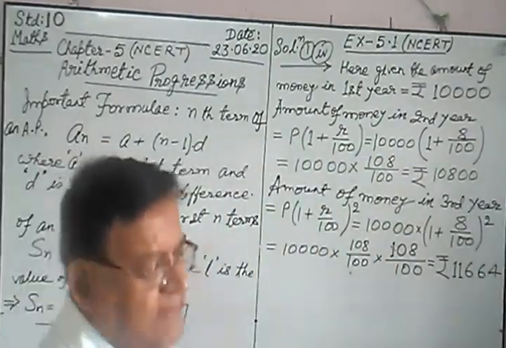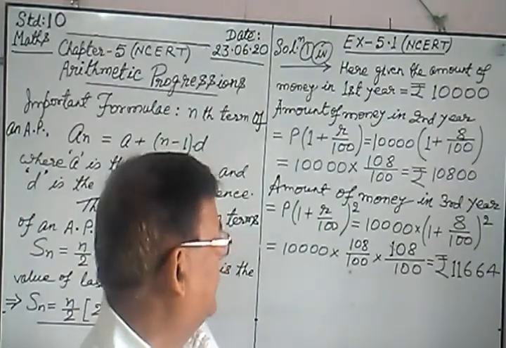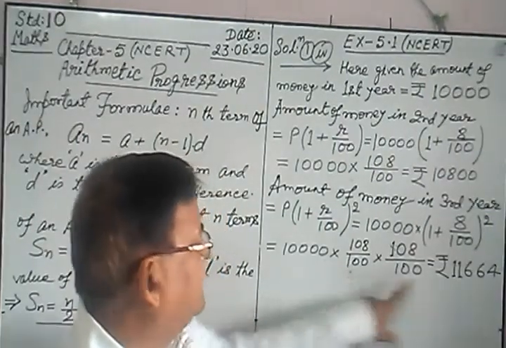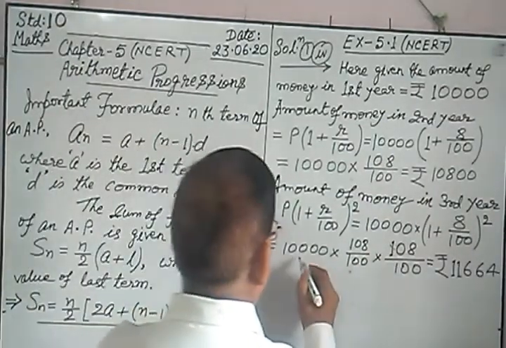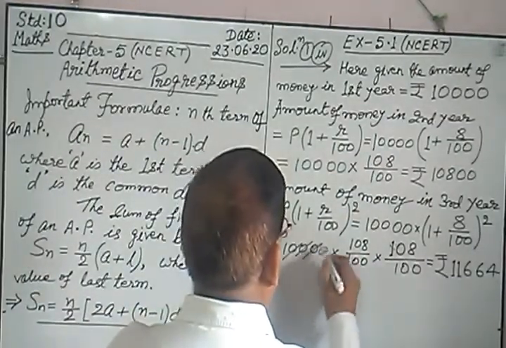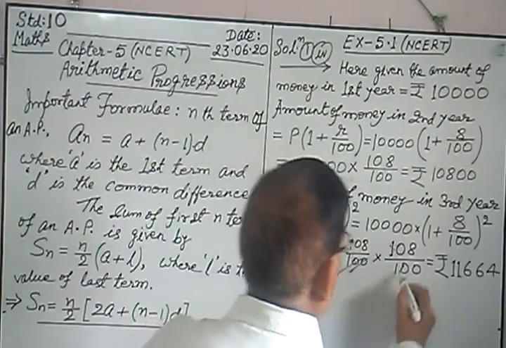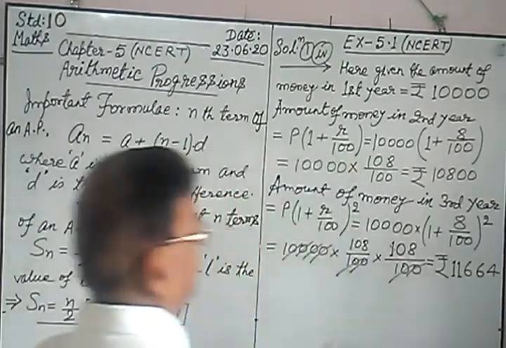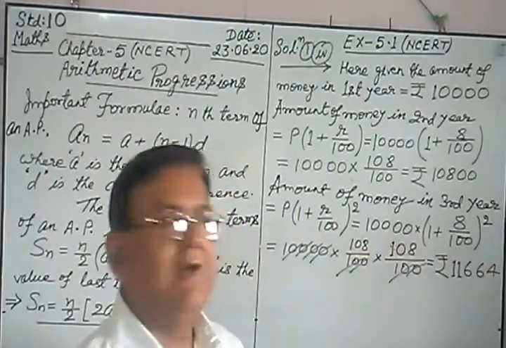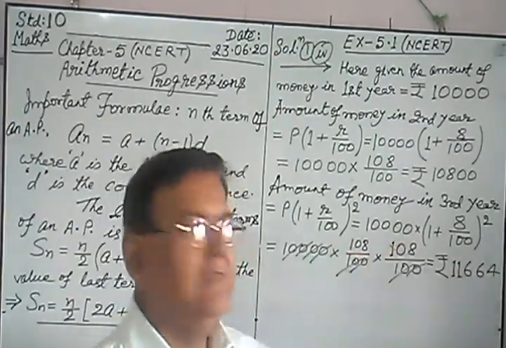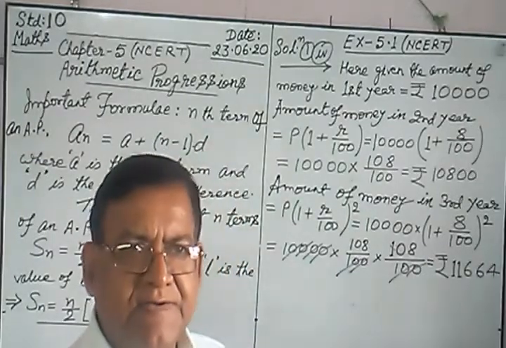When you multiply 108 with 108, it becomes 11,664.